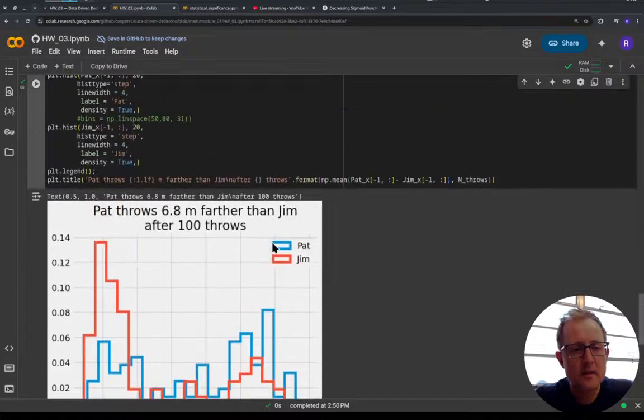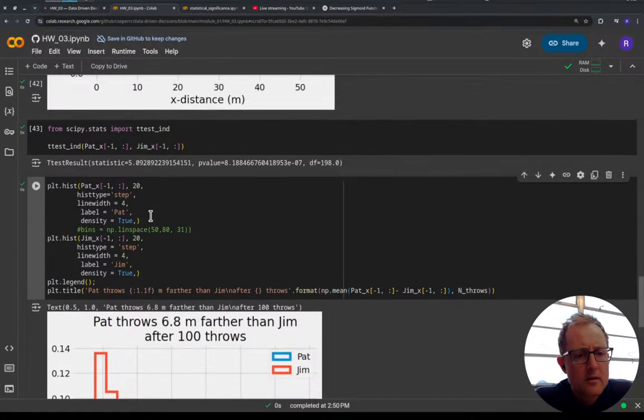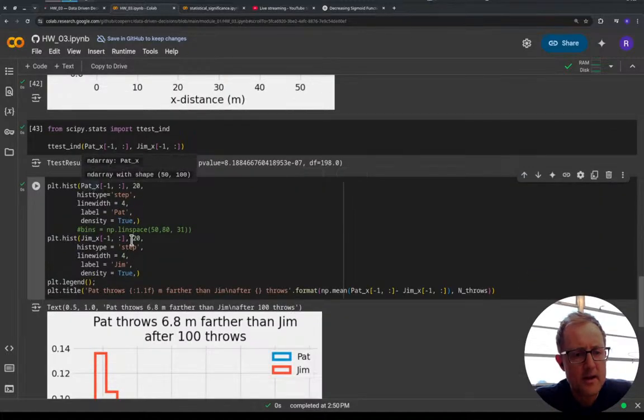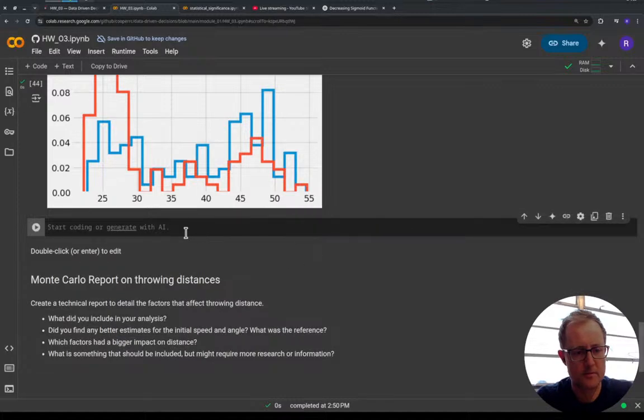And let's go Pat X -1. I wonder if I could do this just to see. Oh no, I want code.